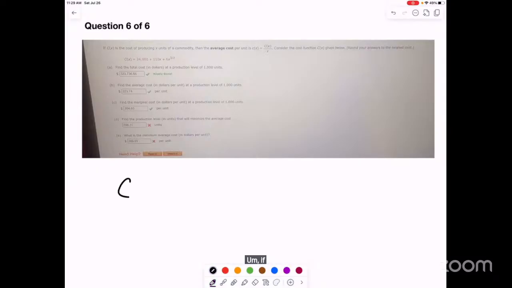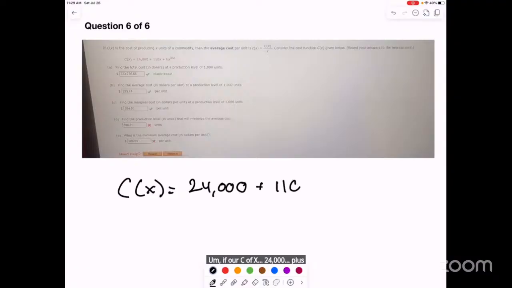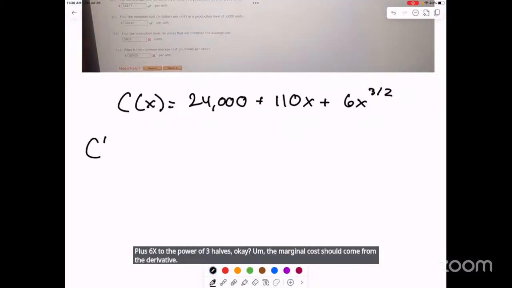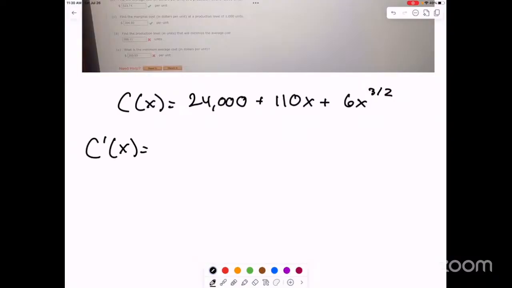If our C of X is 24,000 plus 110x plus 6x to the power of 3 halves, the marginal cost should come from the derivative. So that's going to be 110 plus 9x to the power of a half.